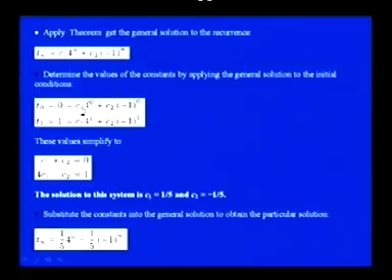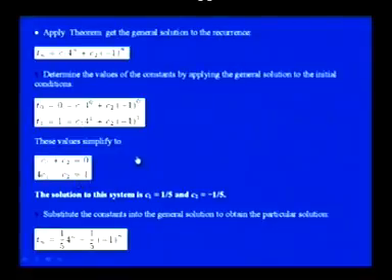The initial condition is already given as 0 for T(0). So, your first equation becomes C1 plus C2 equal to 0. When I make n equal to 1, this becomes C1 into 4 power 1 plus C2 multiplied by minus 1 power 1, so 4 C1 minus C2 equal to 1.